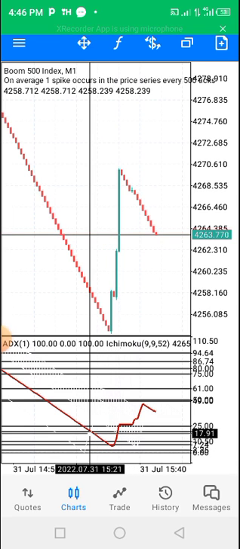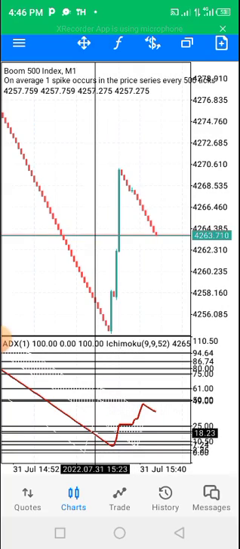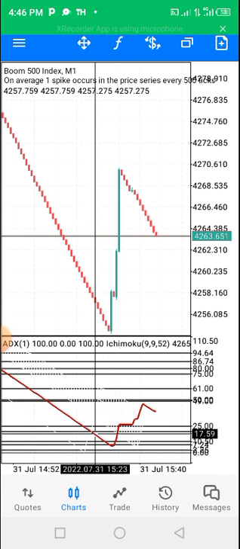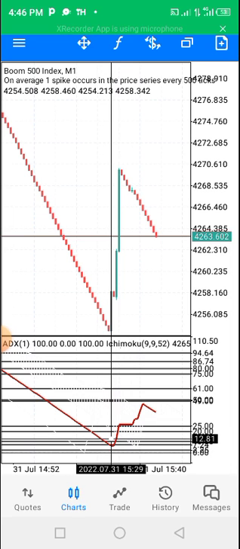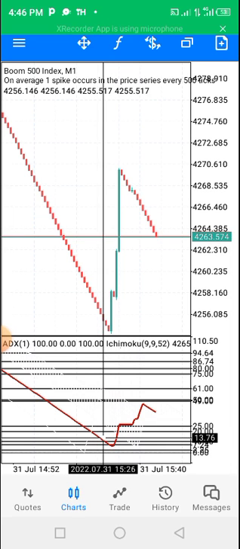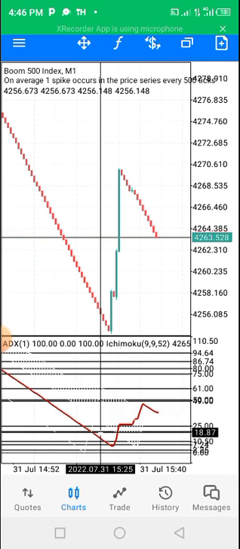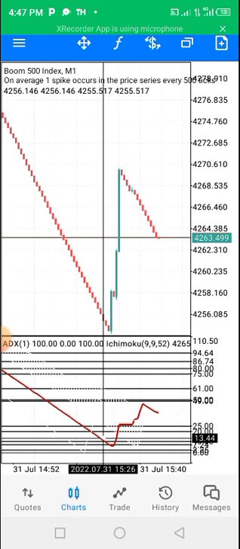I repeat again, before you make your entry or place your trade, the first thing you want to do is you wait for this red line here to approach the level 20 and the level 7.24 here. So once that happens, and once you see the red line approaching those level 20, you start placing your trade.